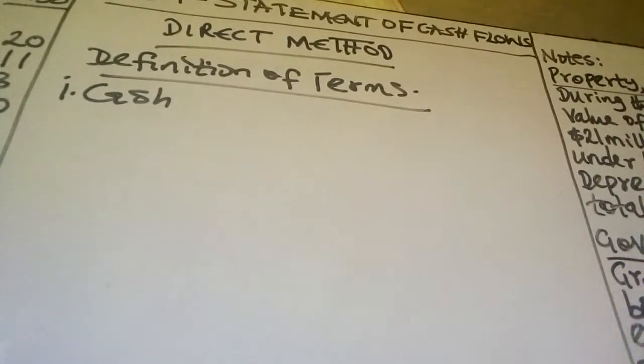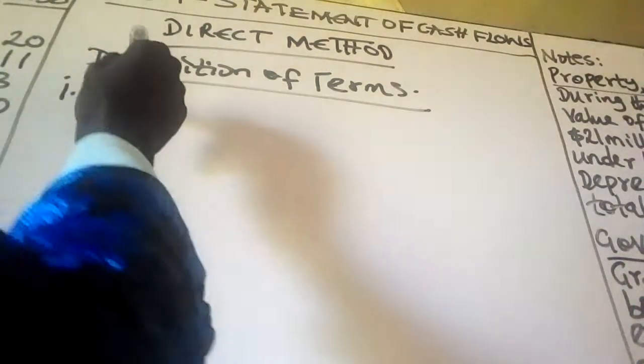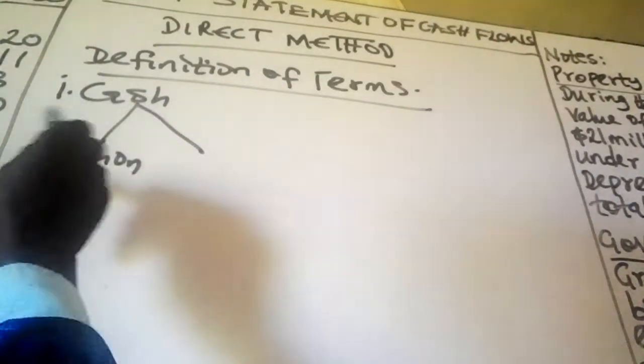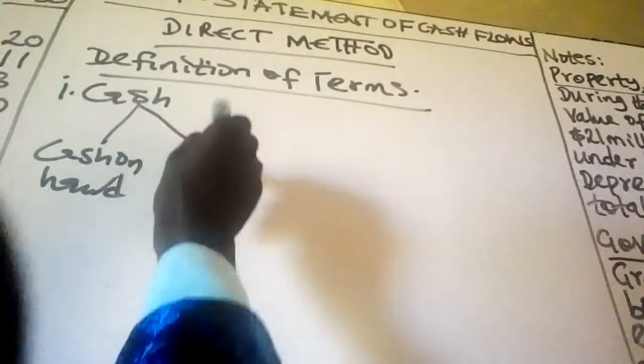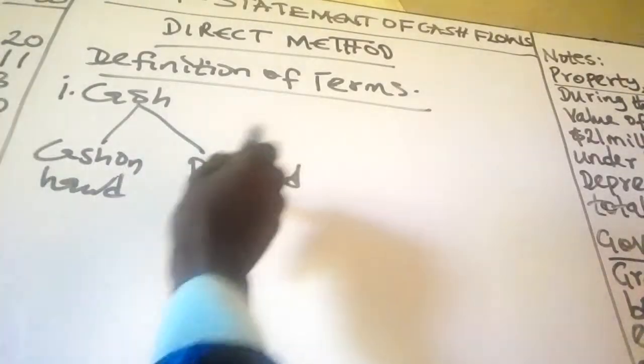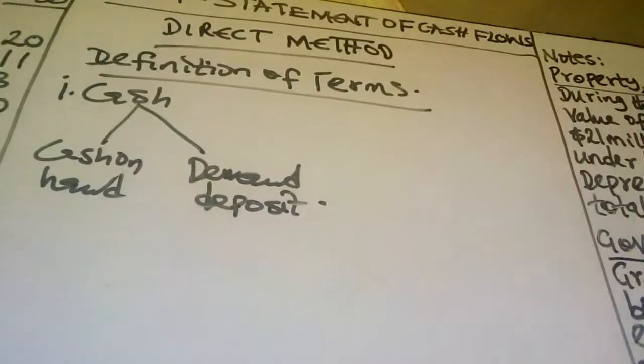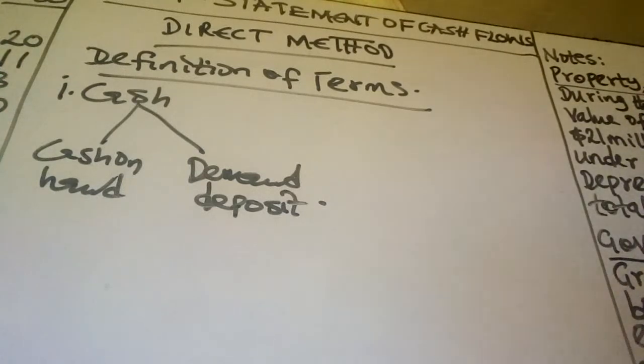Cash comprises cash on hand and on-demand deposits. It comprises cash on hand and demand deposits at the bank. That is the makeup of cash.